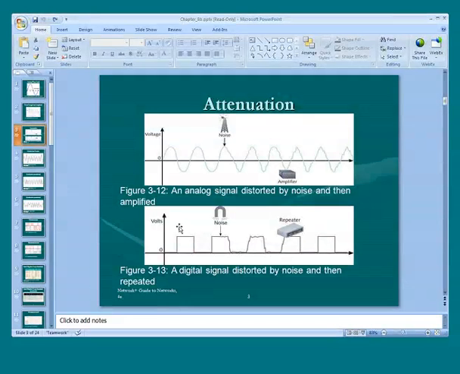Okay, the bottom graph represents a digital signal. Digital signals are created when using pulses of as close to being as precise as possible voltages.